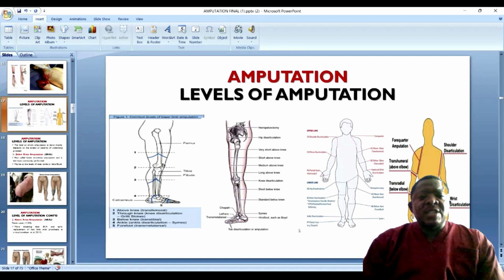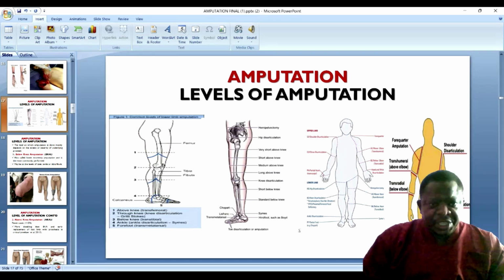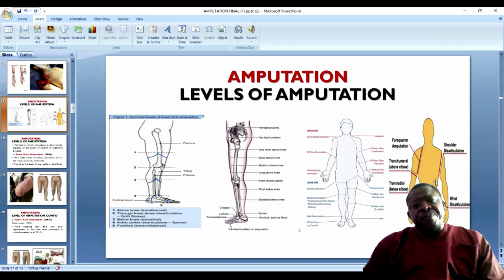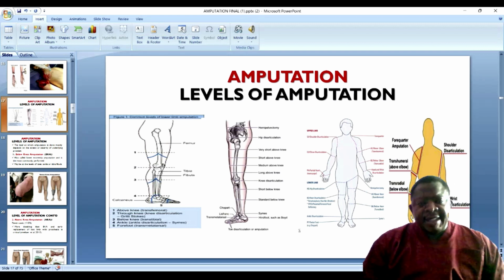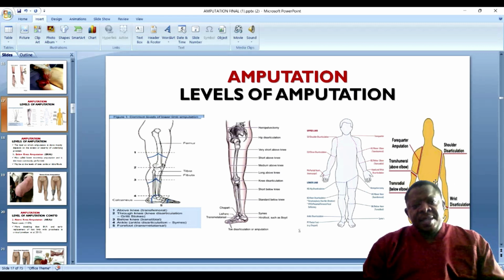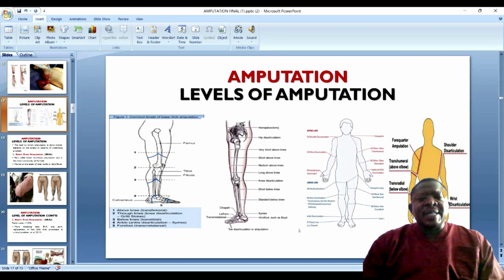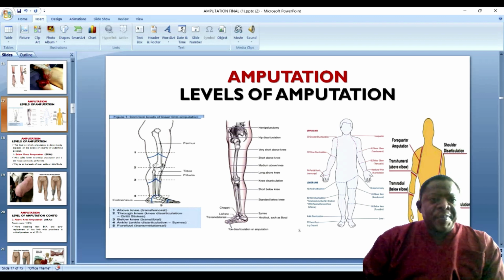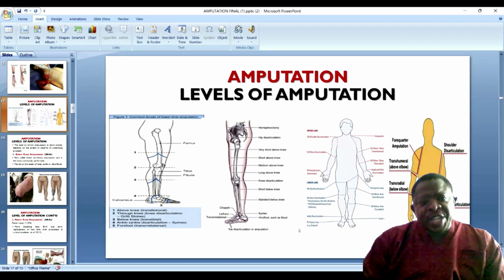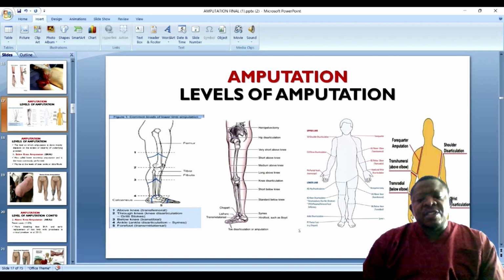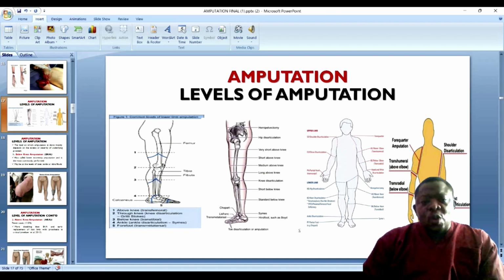So that is transfemoral or above knee amputation. If it passes through the knee joint, that is knee amputation, or we can say disarticulation of the knee because it is passing at the knee joint.